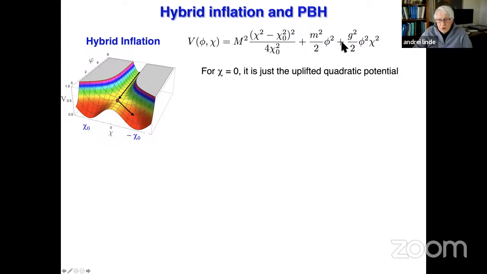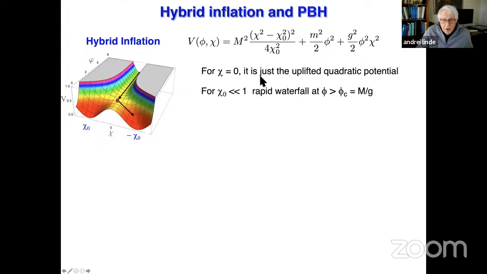It is just a quadratic potential, and however, this quadratic potential is uplifted. Some additional term is added to it, which means that this Higgs potential is uplifted slightly up. Okay.